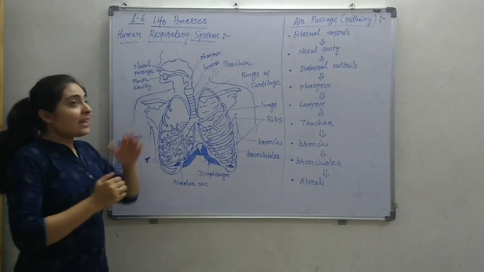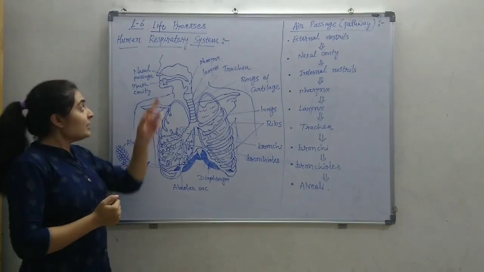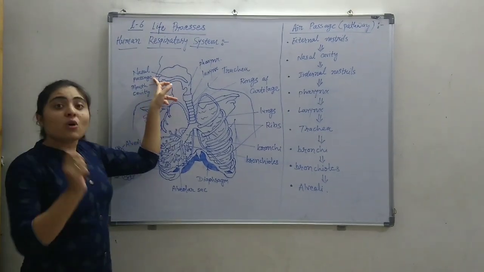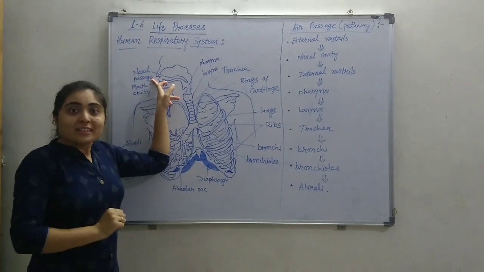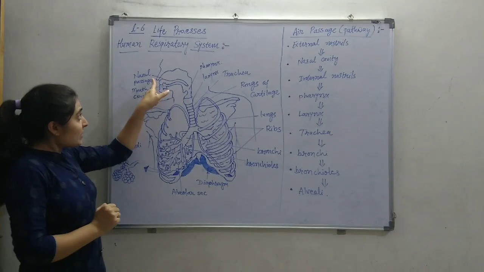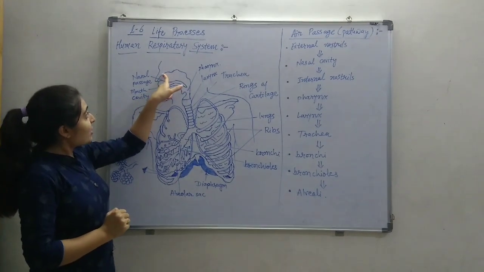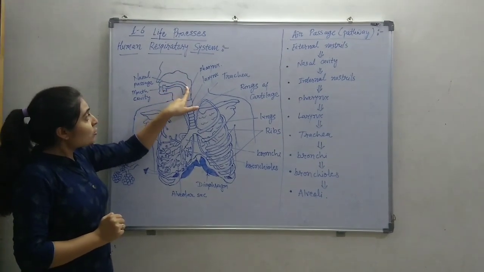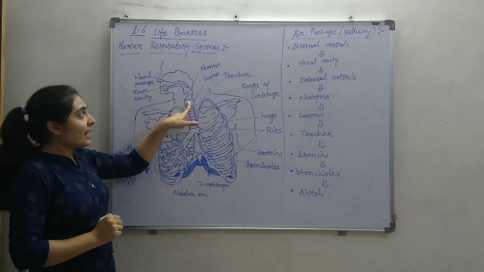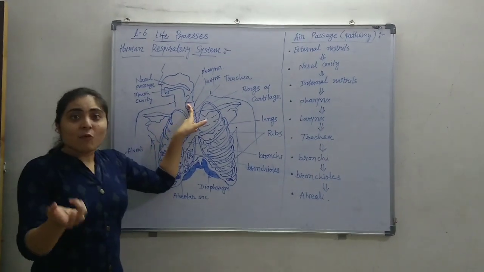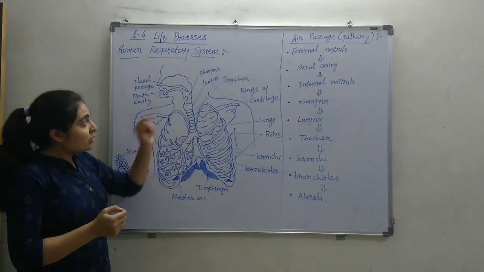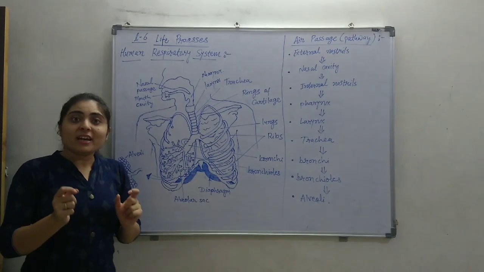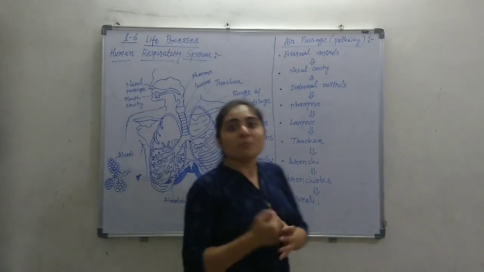When the air enters through the external nostrils, it passes through the nasal passage, then the pharynx, and then the larynx. Larynx is the voice box. Through the larynx, the air goes to the trachea, which we also call the windpipe.